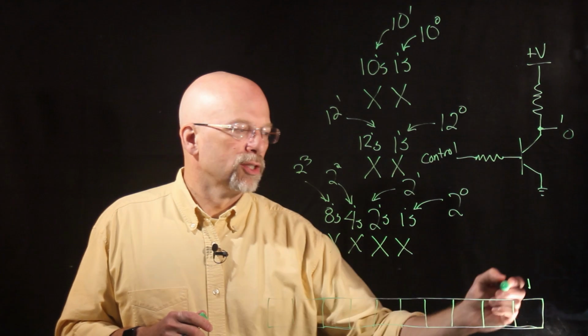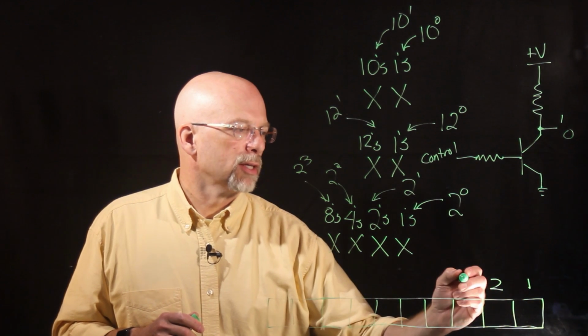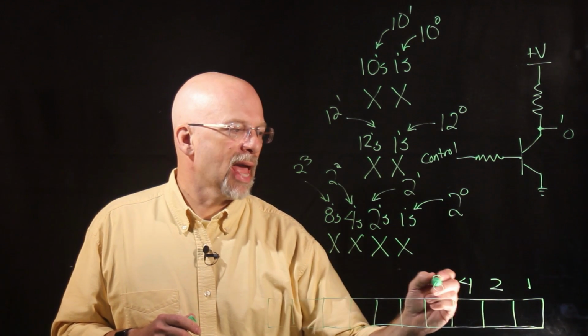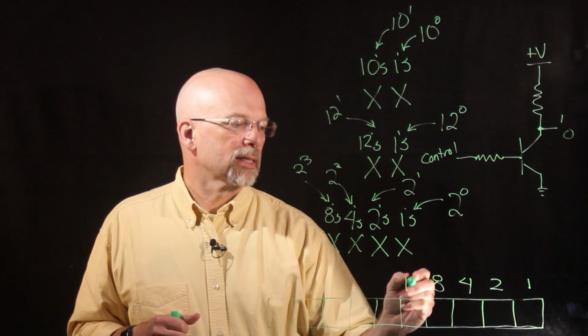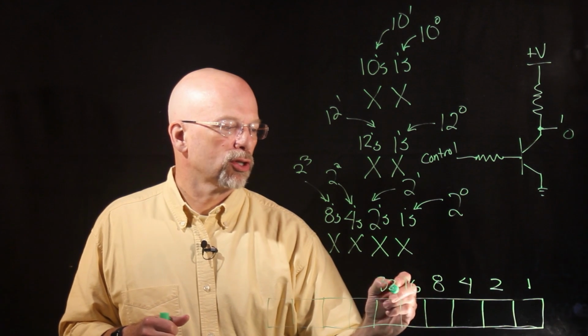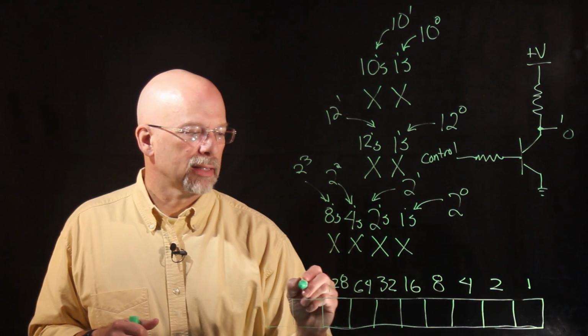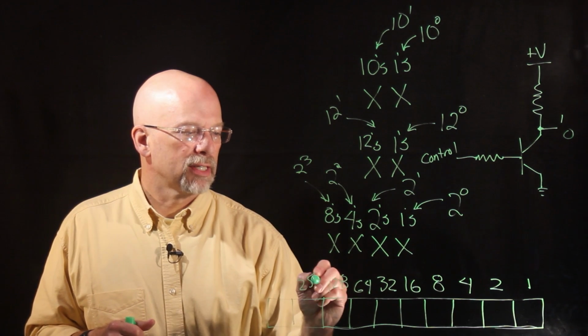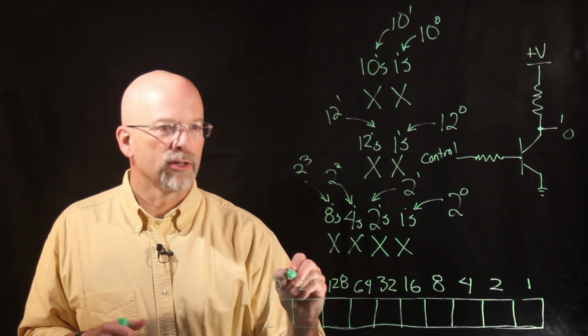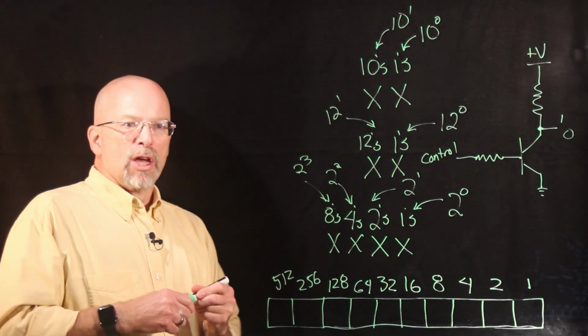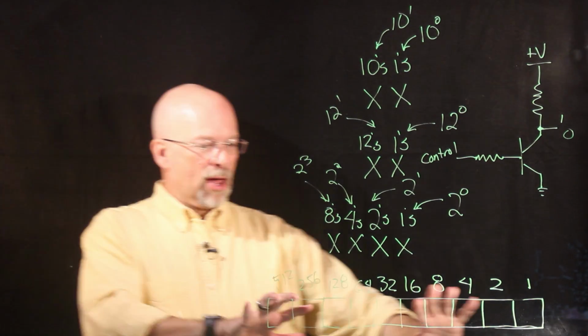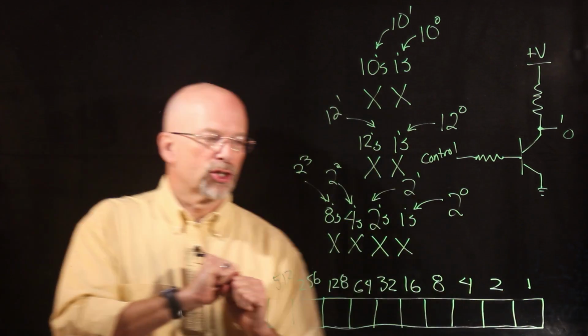This is the 1's place, the 2's place, the 4's place, the 8's place, the 16's place, the 32, 64, 128, 256, 512, okay? So those are the fingers, right? So we've got all of our fingers representing those positions.